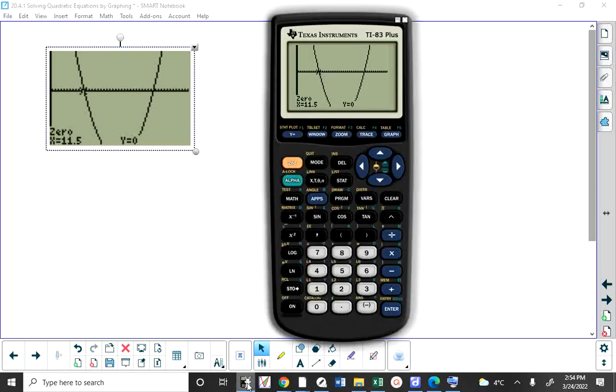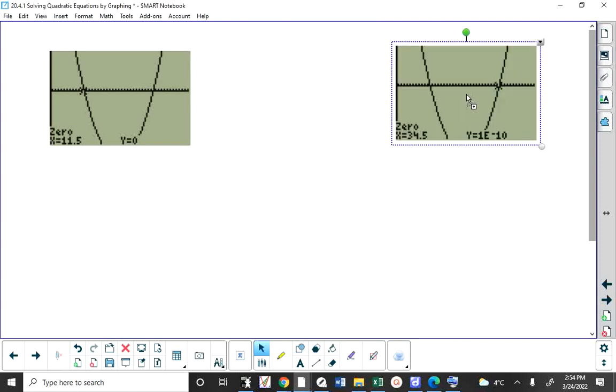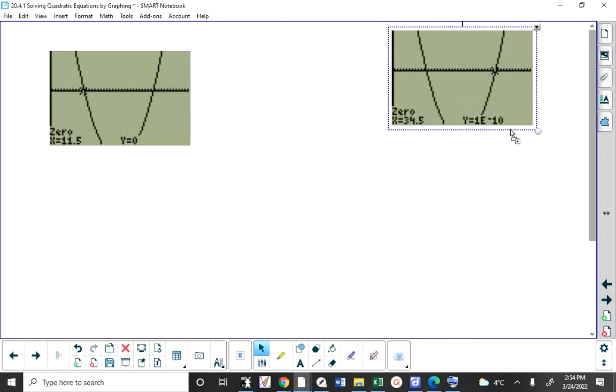And when we find the other x-intercept, the other x-intercept is 34.5. Now, by the way, I don't want to spend class time on this right now. This is 0. It's an exponential notation number, and it's very small.